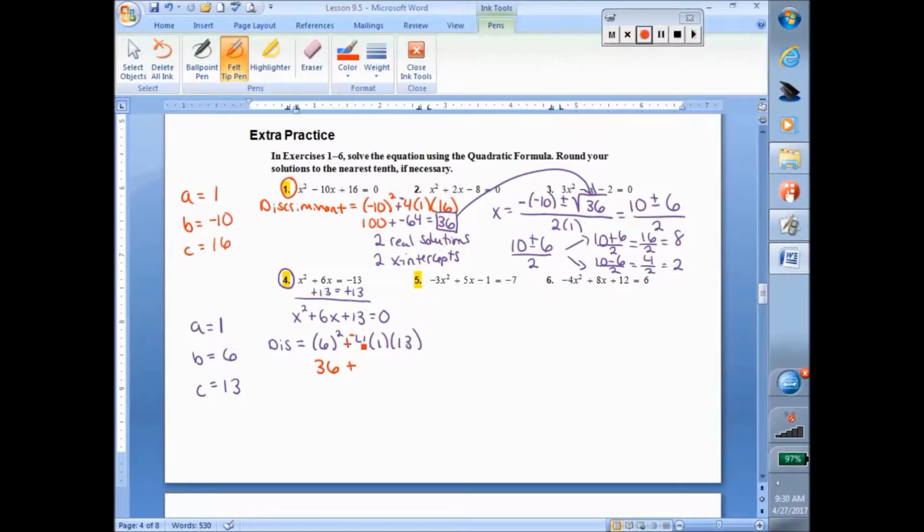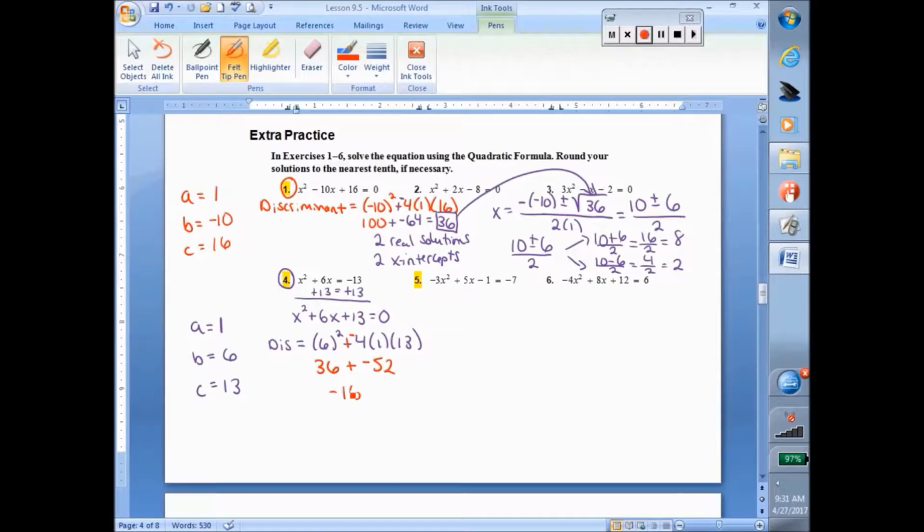Plus, we have negative 4 times 1 times 13. We get negative 52. 36 plus negative 52, we end up with a negative 16 for our discriminant.